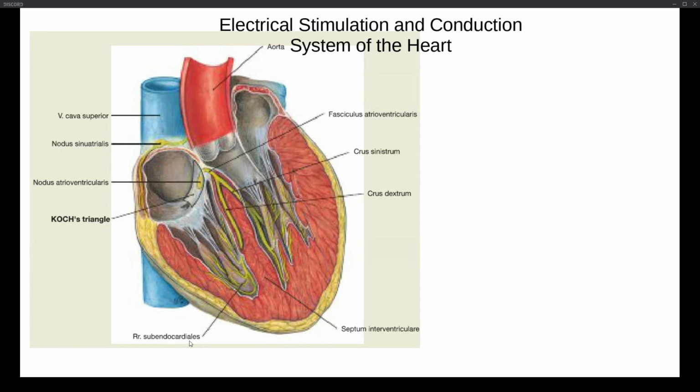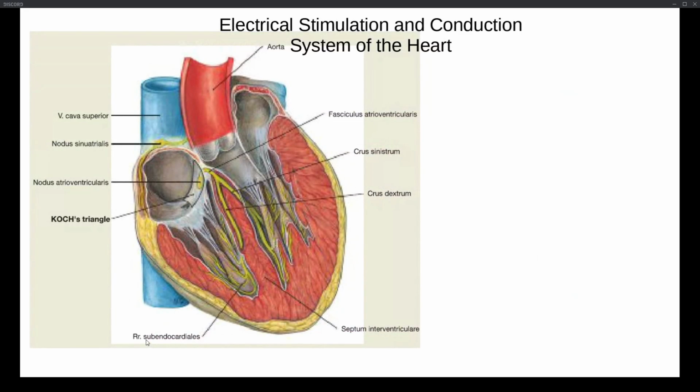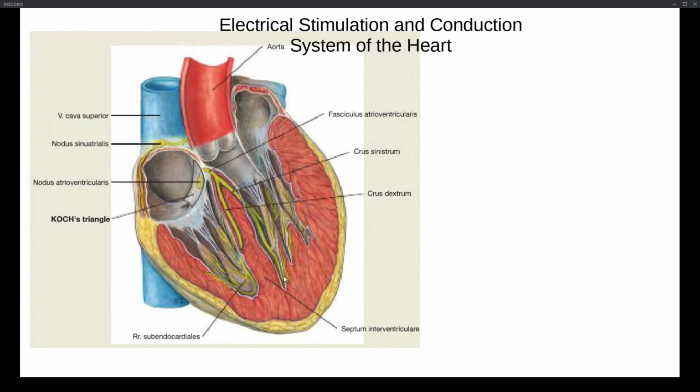The rami subendocardiales, which are basically the Purkinje fibers. It's just another name for it. But as you can see, it's in the name subendocardialis, so beneath the endocardium, which is also seen here, directly beneath it. And these are the final destination of this current. So this serves basically as a cable.